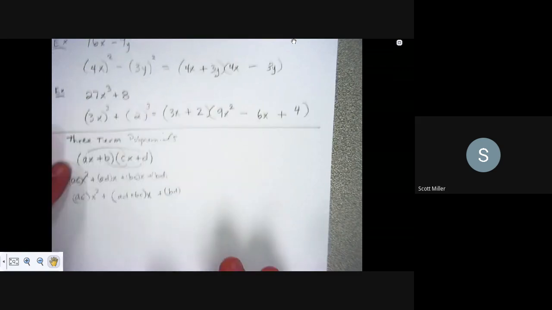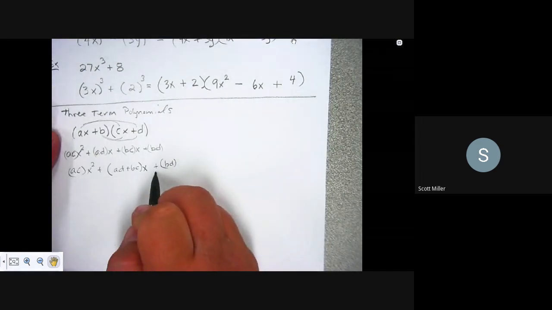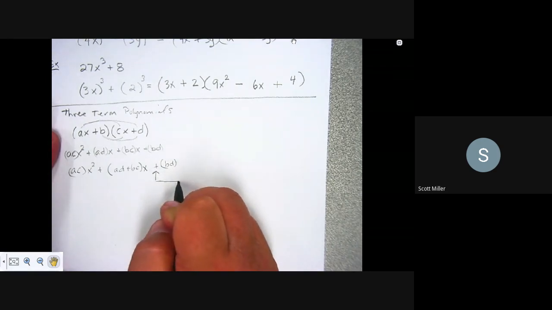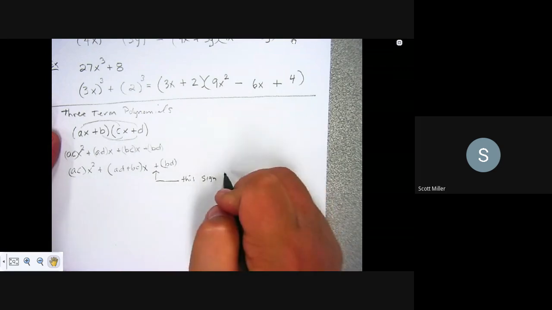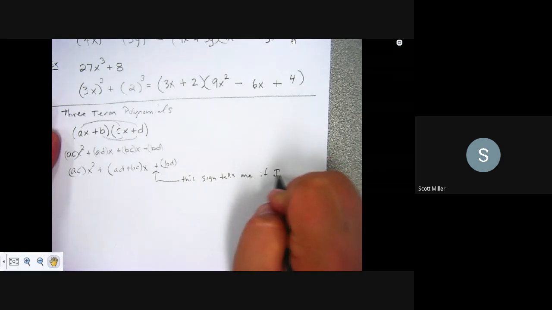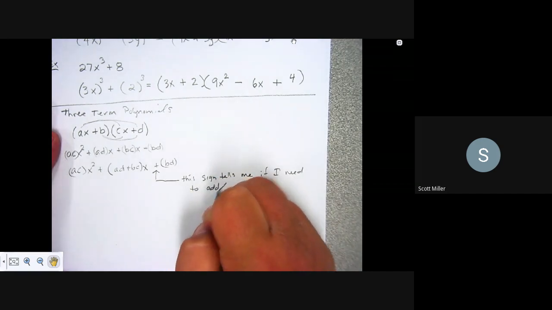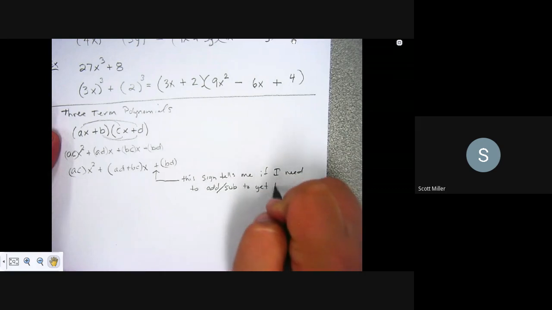There's a lot of other stuff that's in here. One more thing I want to talk about is this sign on the last end right here, whether it's a positive or a negative. This sign tells me if I need to add or subtract to get the middle.